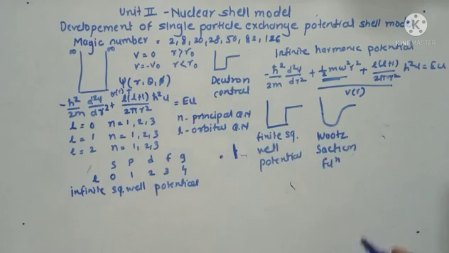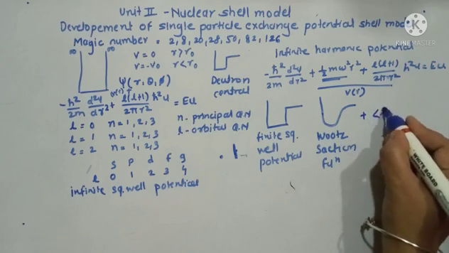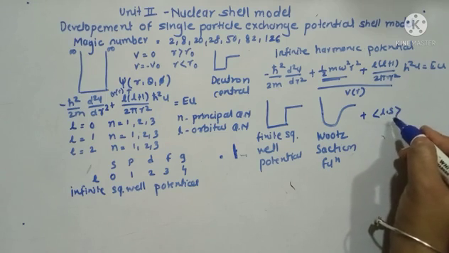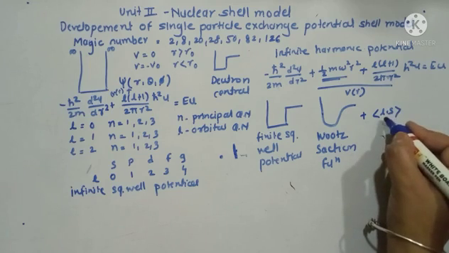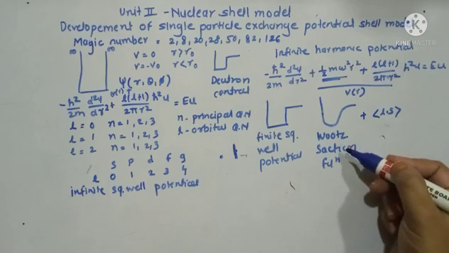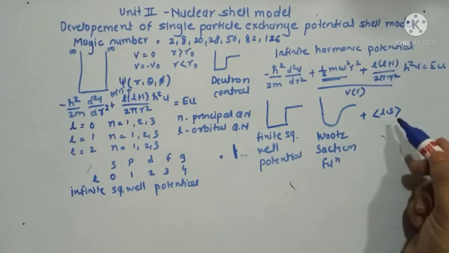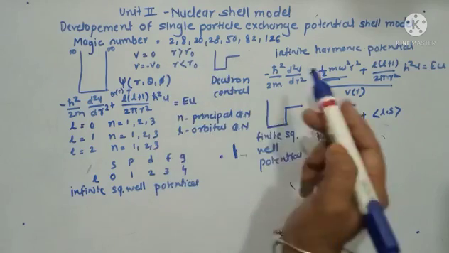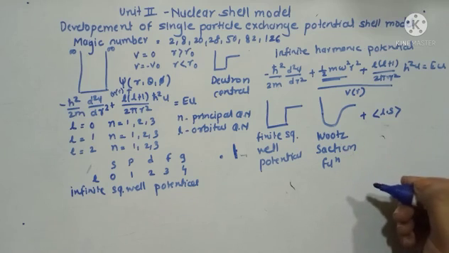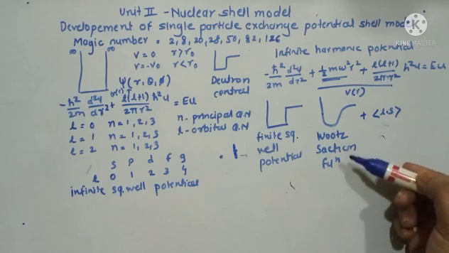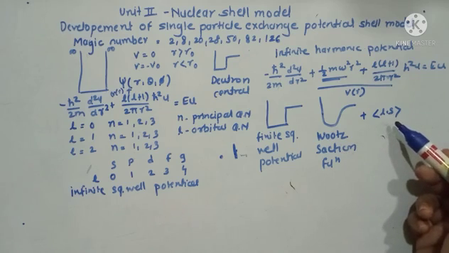Now along with the Woods-Saxon function, they took the L dot S term, which is the relation between the orbital quantum number and the spin quantum number. Along with this L dot S term, they finally got the magic numbers. From that we can say that the potential in the nuclear shell model could be of the Woods-Saxon function along with this L dot S term.